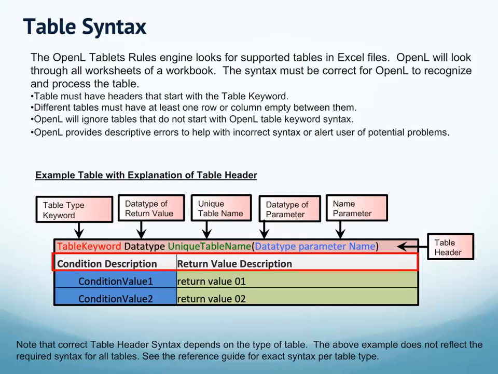In this screenshot over here, this row is for information purposes only, as it tells whomever is using this table, like an analyst, what's stored in these columns. The first column holds condition values that the parameter is checking. If the parameter and the condition are equal, OpenL will resolve that rule to true and return whatever value is in the associated return value column of that row.